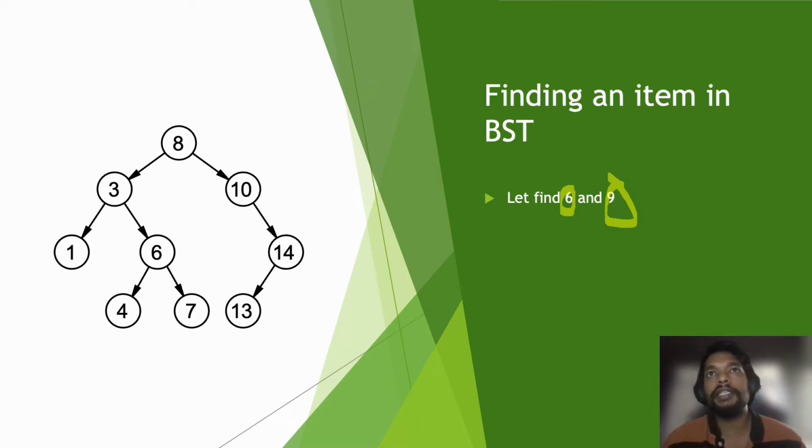Since 8 is greater than 6, we can be sure that 6 will be located in the left subtree. So we will navigate to 3. We will compare 3 with 6, and since 3 is less than 6, we will navigate to the right subtree. And we will compare the node again. 6 equals 6, so we have found the node and we return it.